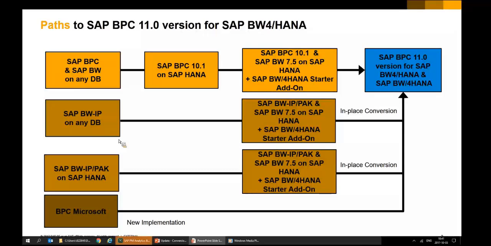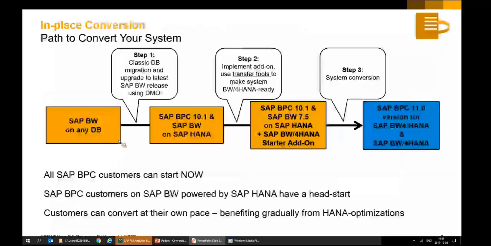As an intermediate step, you have to get to the 7.5 release and be running on SAP HANA as a platform, and from there you can do the in-place conversion in a very, very similar way that I just showed you before running without BPC. We will do the same thing with BPC, meaning we can also optimize the data models that your planning applications are built on.